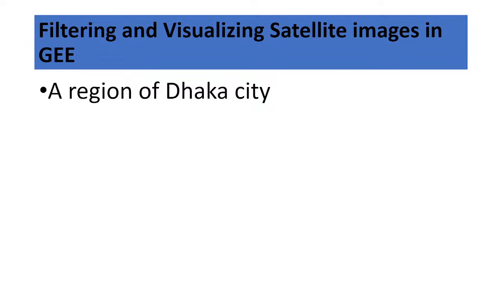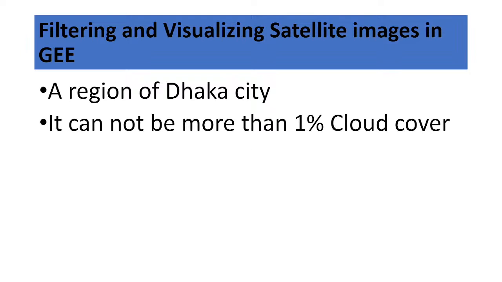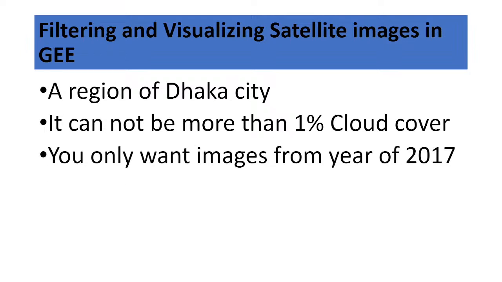So region is one factor for filtering. Another factor is the image-specific metadata or image properties. Suppose you need an image with not more than 1% cloud cover. And the third factor is a specific time period. Suppose I need the image for the dry season, the wet season, a specific month, or a specific year.